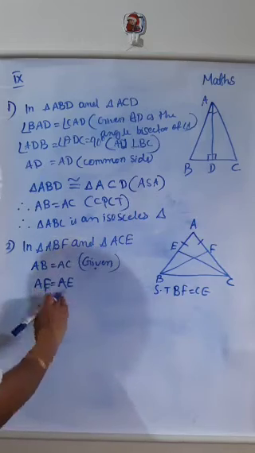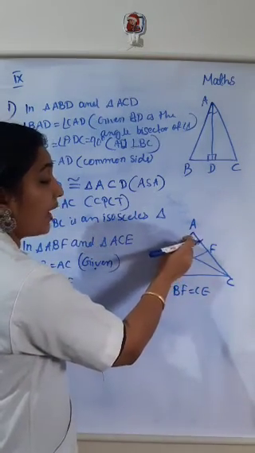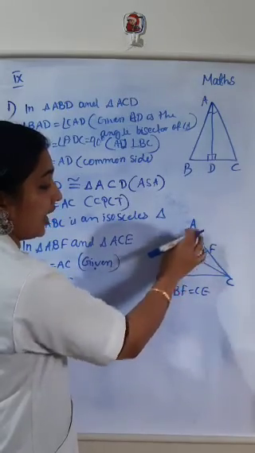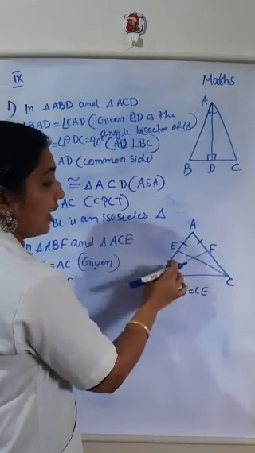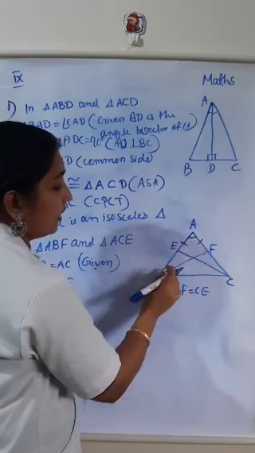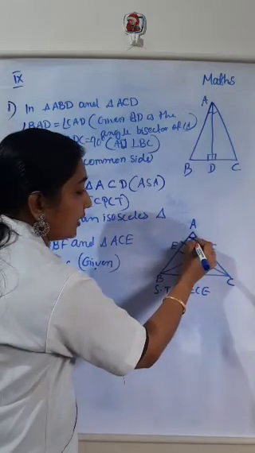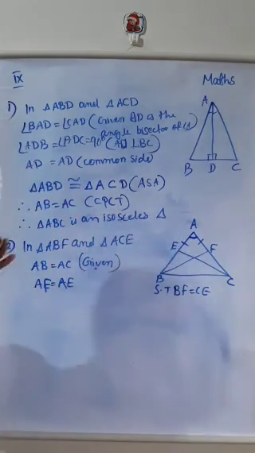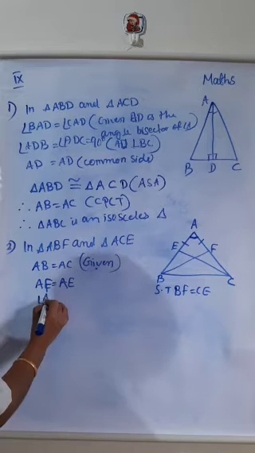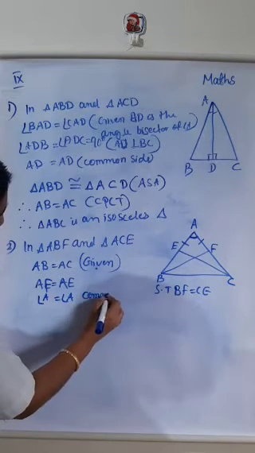Then angle A is a common angle of the two triangles ABF and ACE. Angle A is the same in ACE and also in ABF. So angle A is equal to angle A, common.